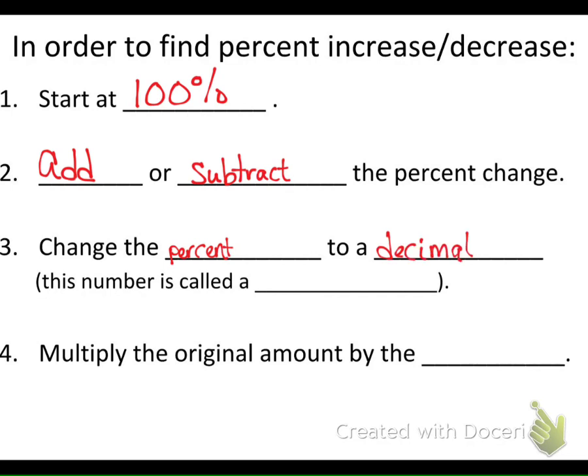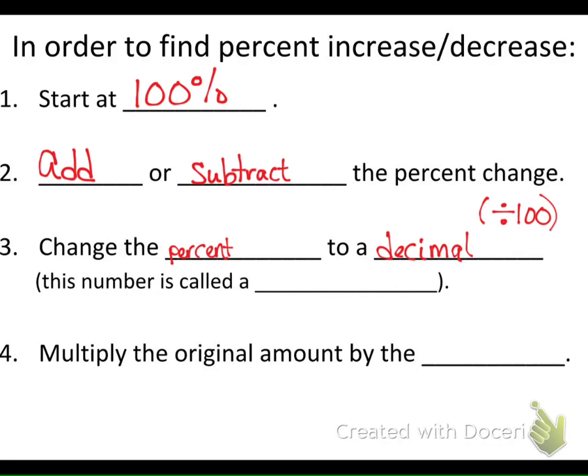Now, I know in your other notes you have where it says how to change a percent to a decimal. What I did when I took these notes for the first time and I was teaching myself how to do it, I put in parentheses up above it this right here. That was just my quick reference that said I can change that percent to a decimal by dividing by 100. Like I said, that just helped me.